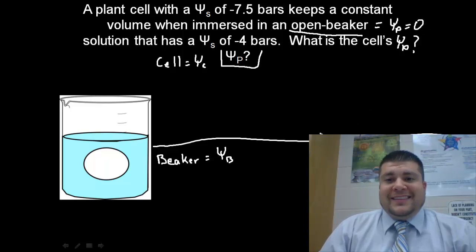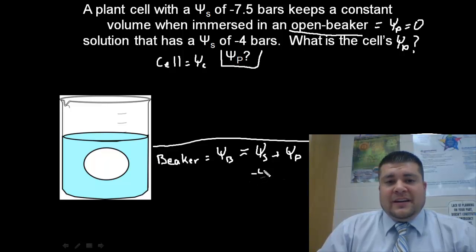So if you can remember that, that's going to be really helpful. To find the total psi of the beaker, you have to have the psi S and the psi P. But since we already have both of these, it makes it really easy. So we have negative 4 plus 0, and so the psi B is going to be equal to negative 4.